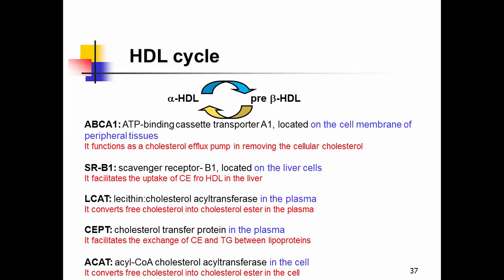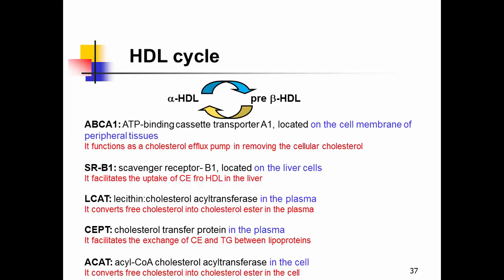The last protein is called ACAT. I think we talked about this a couple of slides earlier. ACAT is also an enzyme that catalyzes the esterification of free cholesterol to cholesterol esters, but the location is different from LCAT. ACAT is localized inside of cells, catalyzing esterification of free cholesterol to cholesterol ester inside of cells.